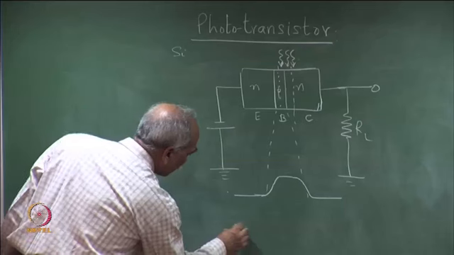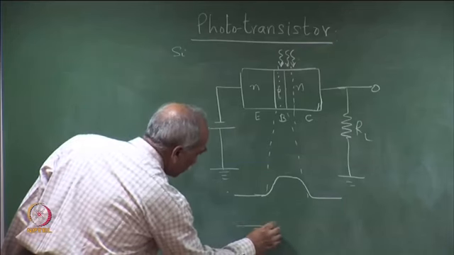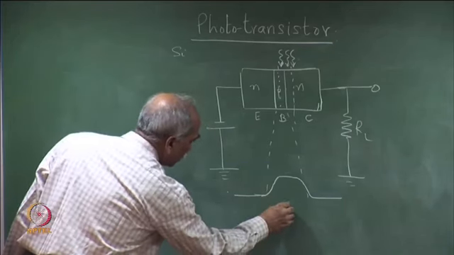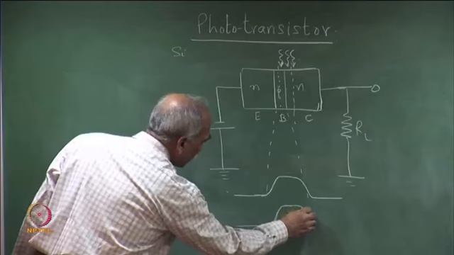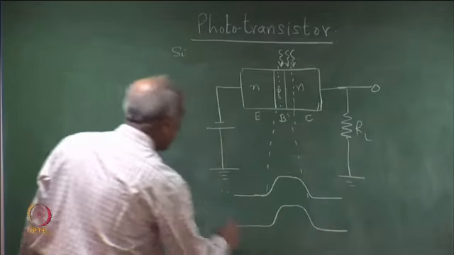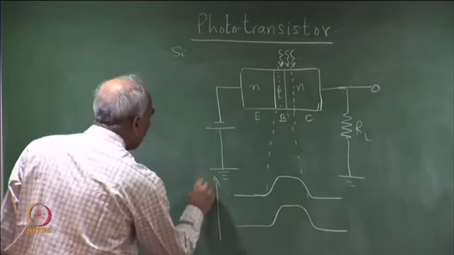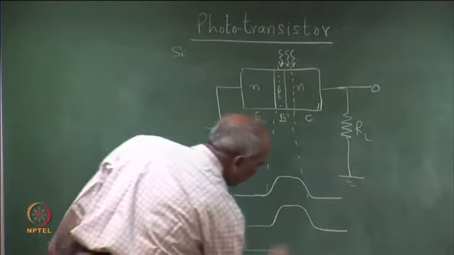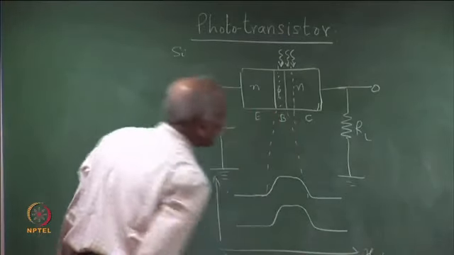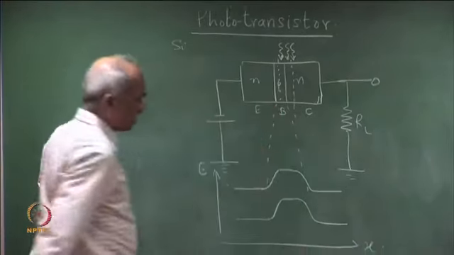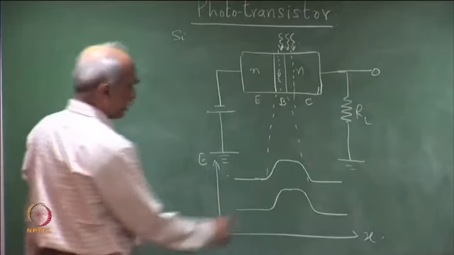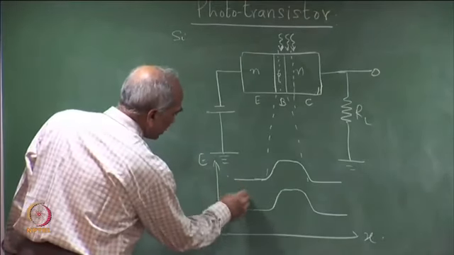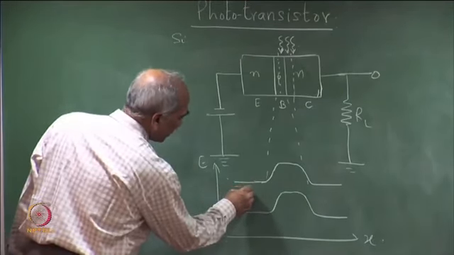This is the energy band diagram, E versus X, where X is this dimension here. This is the n side, and the Fermi level is here.